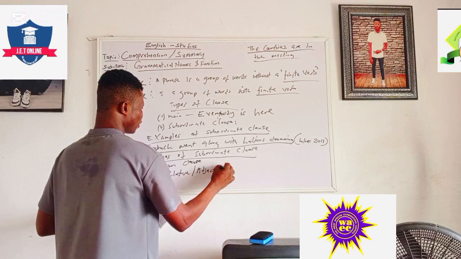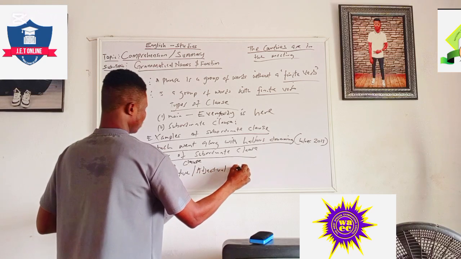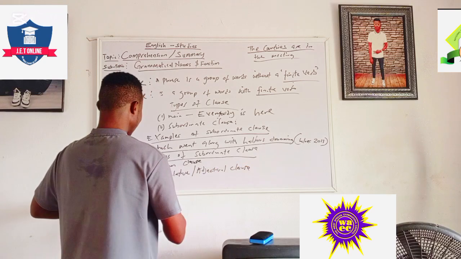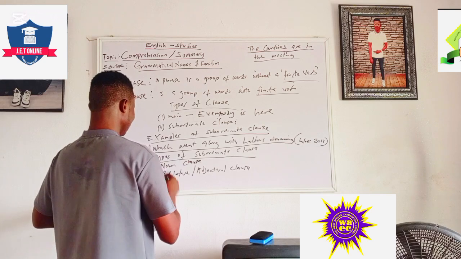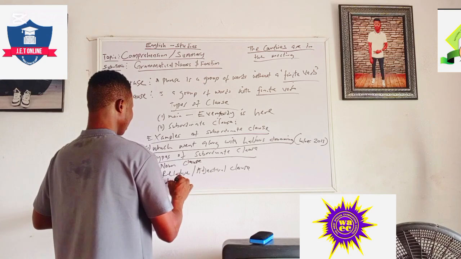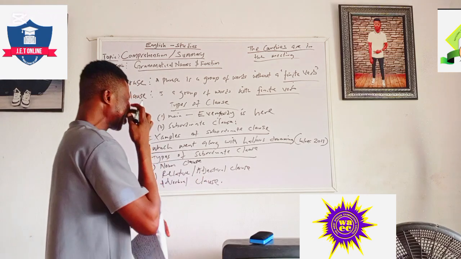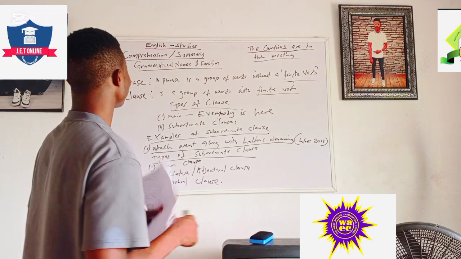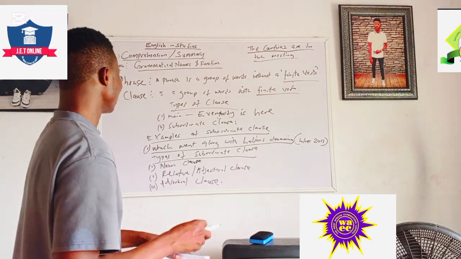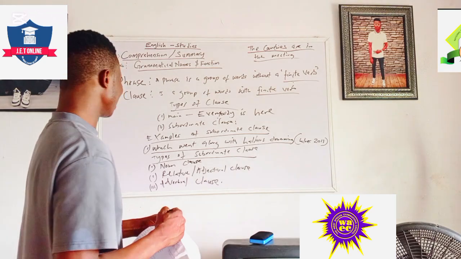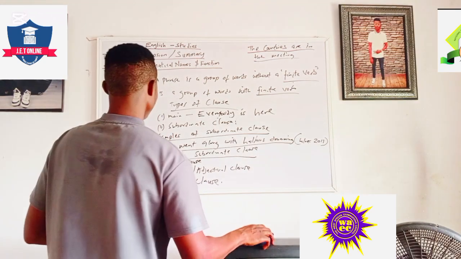We can call it an adjectival clause. Then lastly, just like we have in phrase, adverbial clause. Now we are going to look at all of these types of clause one after the other. I'm going to look at them and give examples on them, as well as their functions.